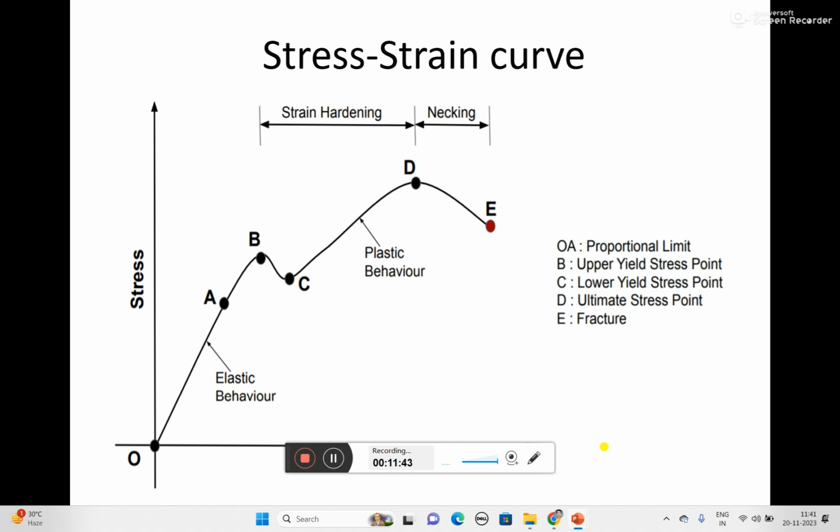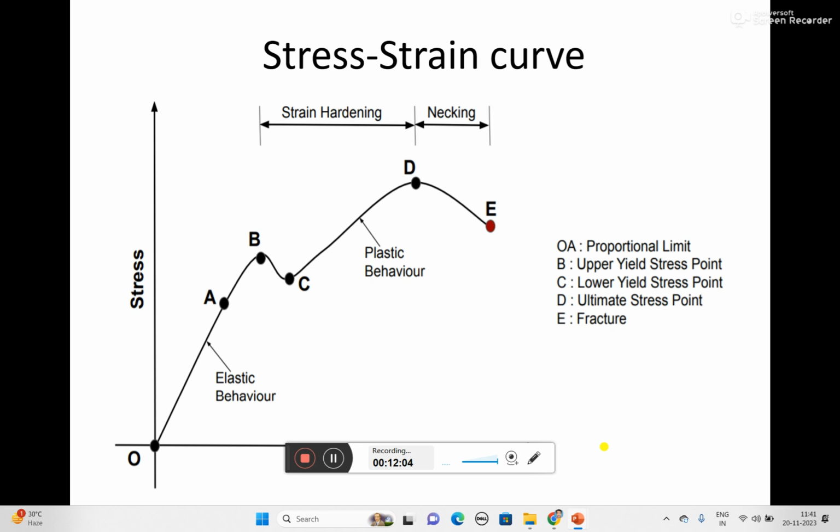After that, the point D is known as the ultimate tensile strength. As you keep on increasing the external force or load over the material, the ultimate strength of the material will be maximum.